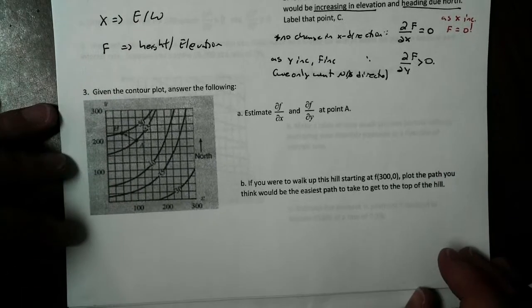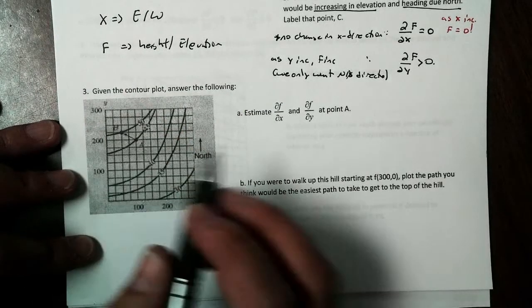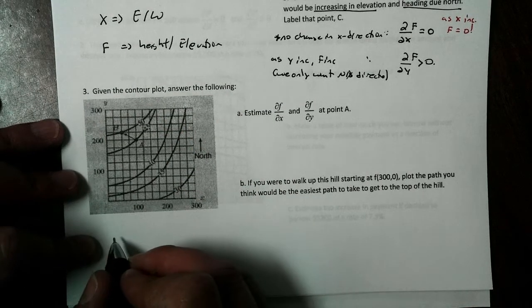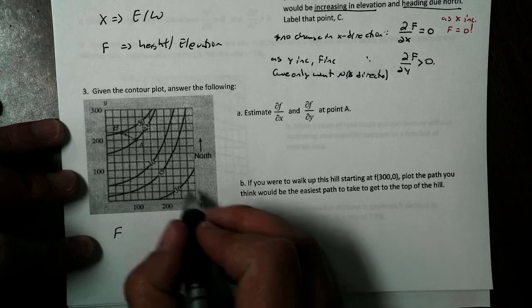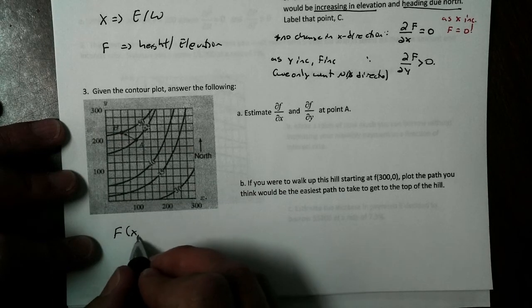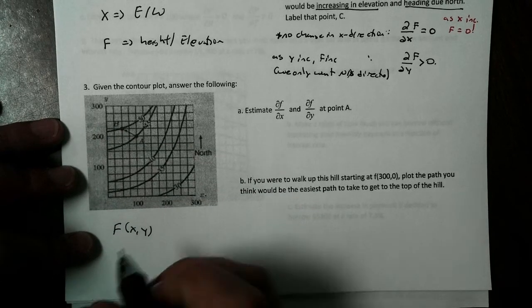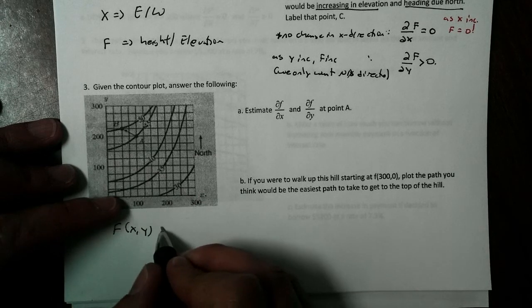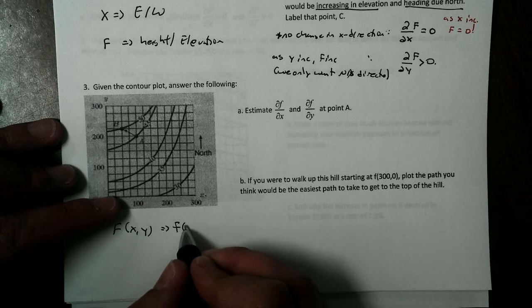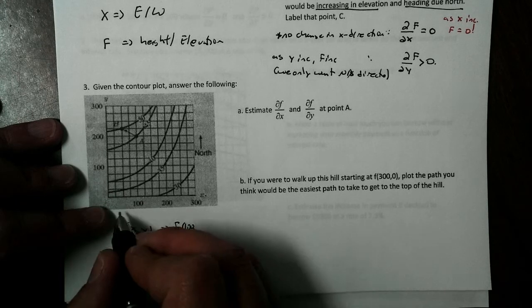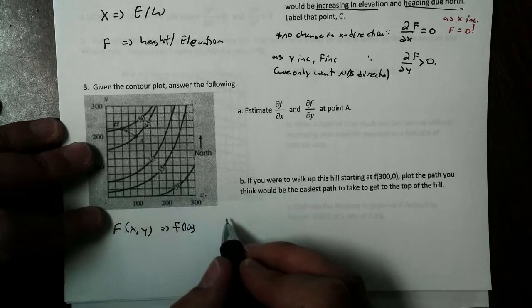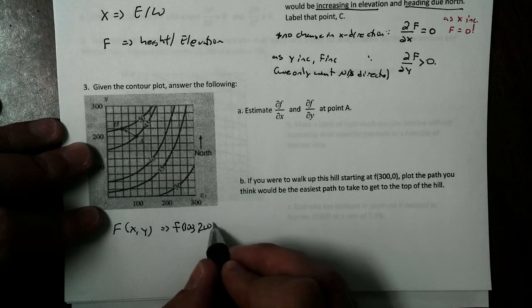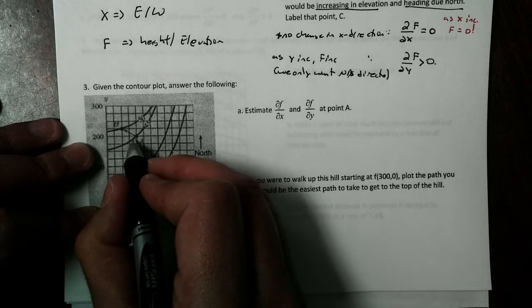Given the contour plot, this could represent all sorts of things. Now notice, we do have a function here. The function is in terms of x and y again. If my x value was 100 and my y is 200, that's going to equal my value of my function.